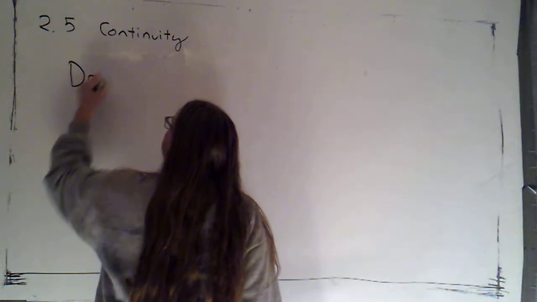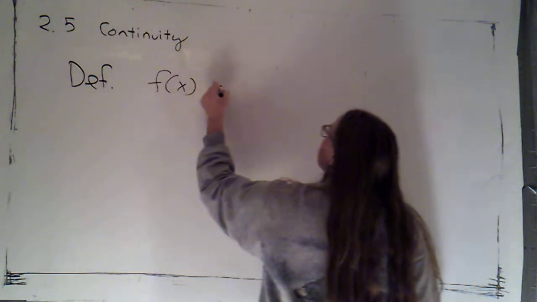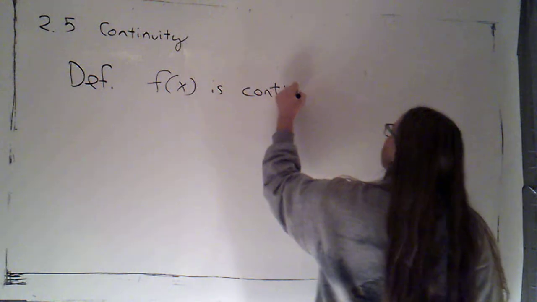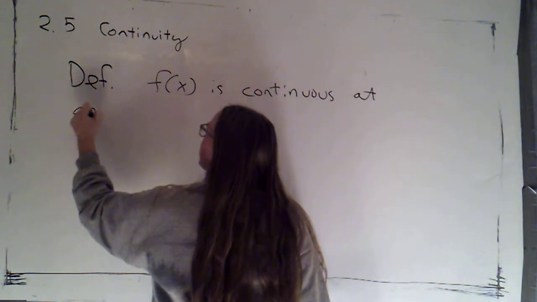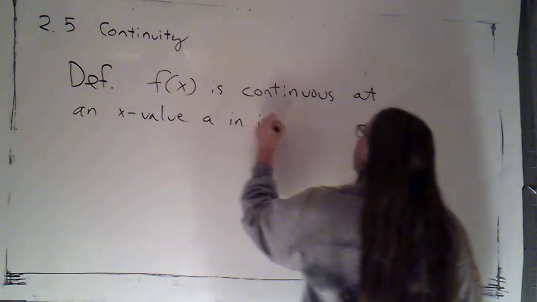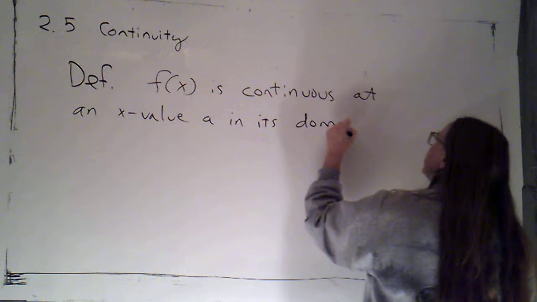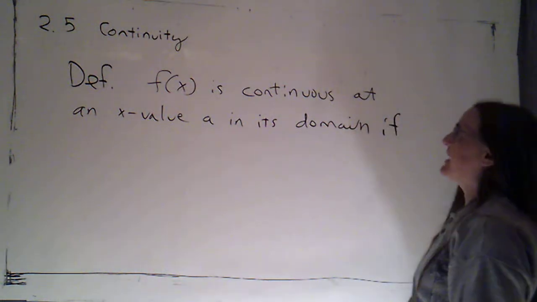So let me repeat that. Definition. A function f of x is continuous at an x value a in its domain if. Okay.